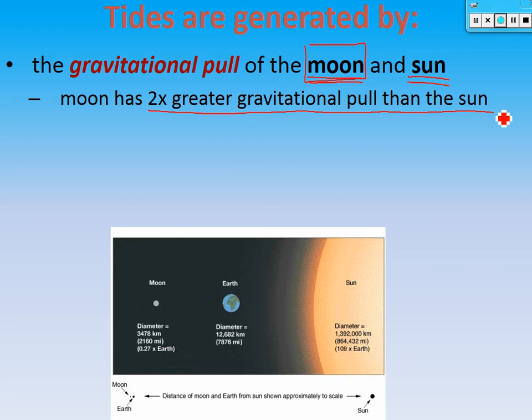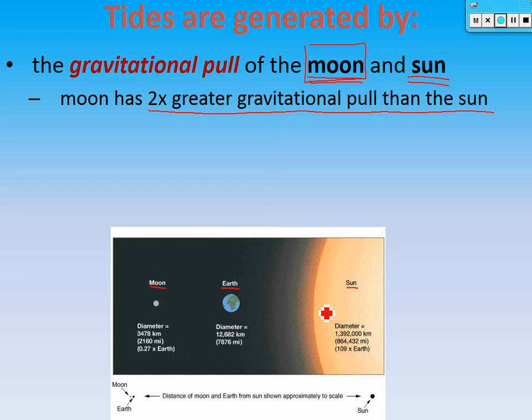And here's why. Here's a depiction of the solar system. So we've got the sun here, we've got Earth, and we've got the moon. Now, if you look at this model, it shows how we are related to the sun and the moon in terms of volume or the size of our Earth compared to the sun and the moon. Obviously the sun is way more massive, it's a lot more volume, so you would think that there would be more force of gravity between us and the sun.